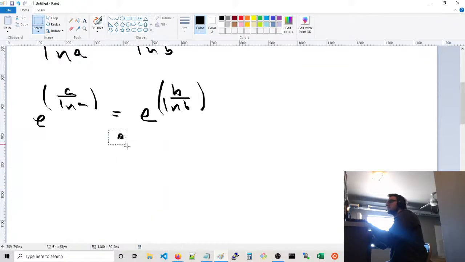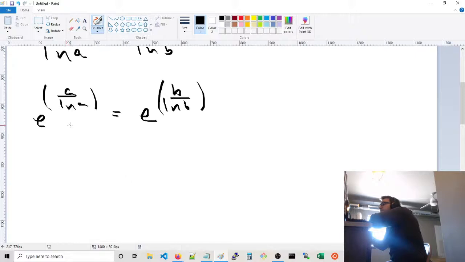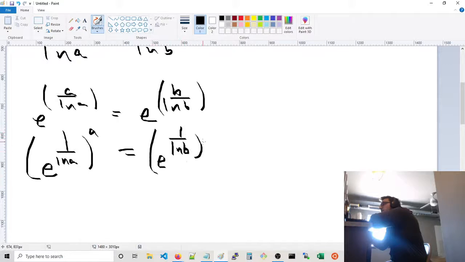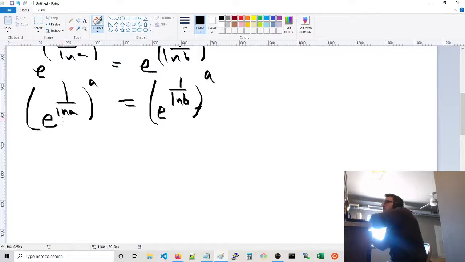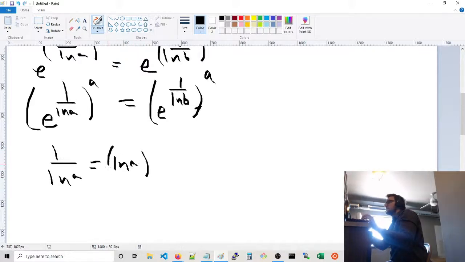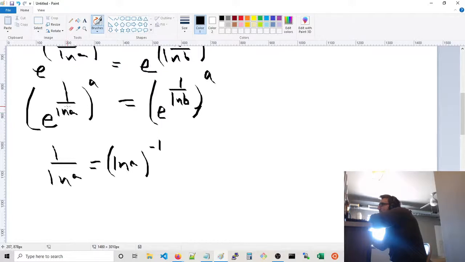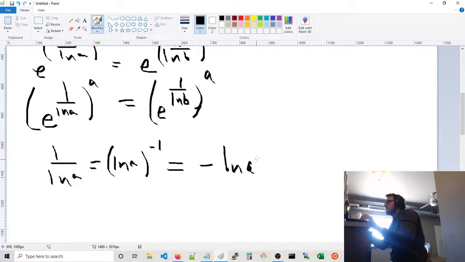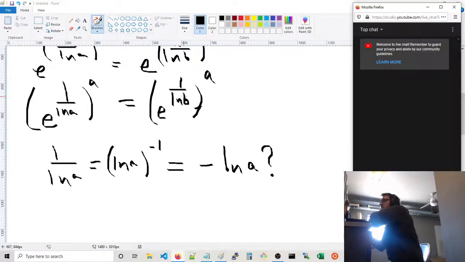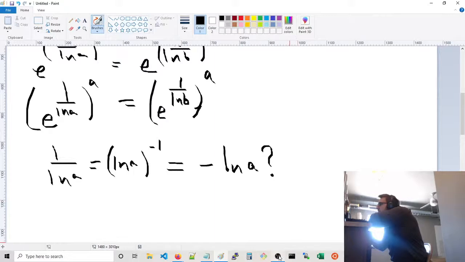But this is a little weird, because e raised to the 1 over natural log of A is natural log of A raised to the negative first power, which is not the same thing as negative natural log of A. That would make things a lot easier, if it was what I thought was the truth.